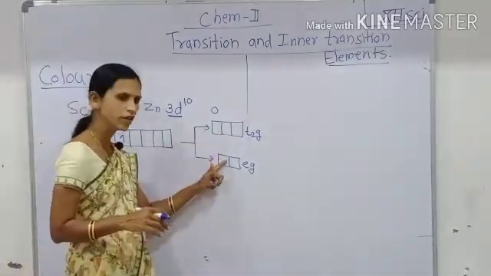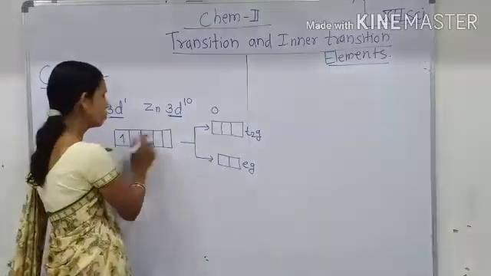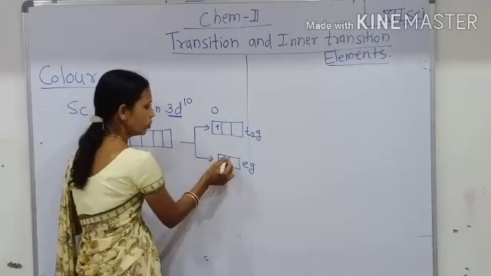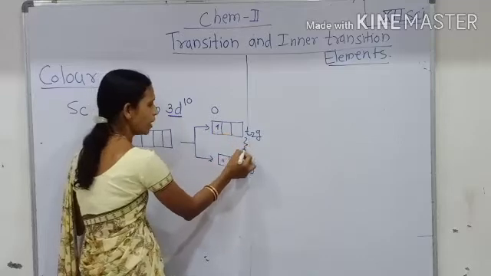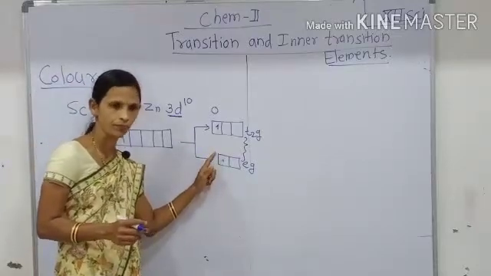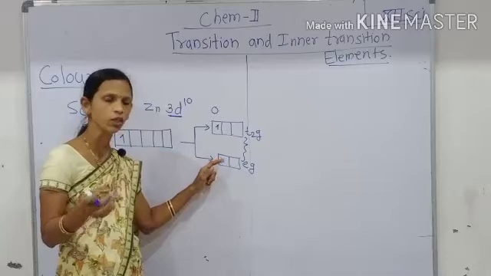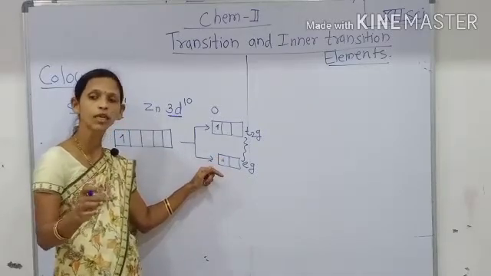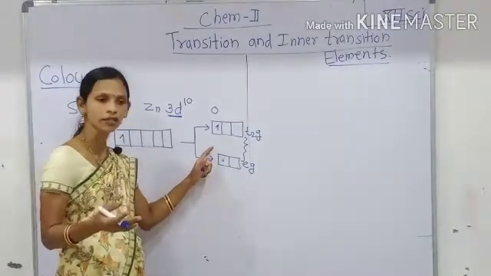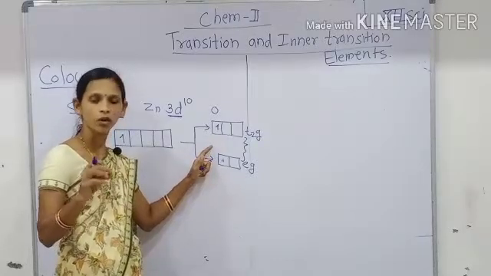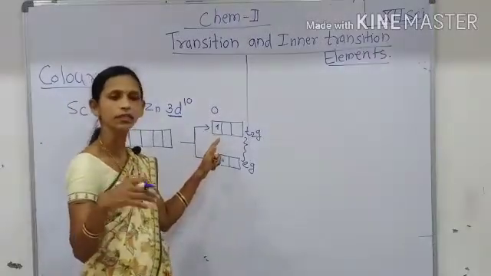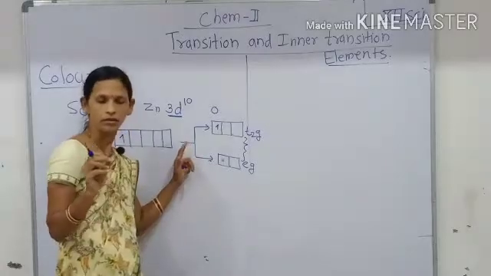When they lose their degeneracy, an electron from the lower energy level jumps to the higher energy level, absorbing energy of a particular wavelength from the visible range. The remaining wavelengths are emitted from the element, or from those d orbitals.